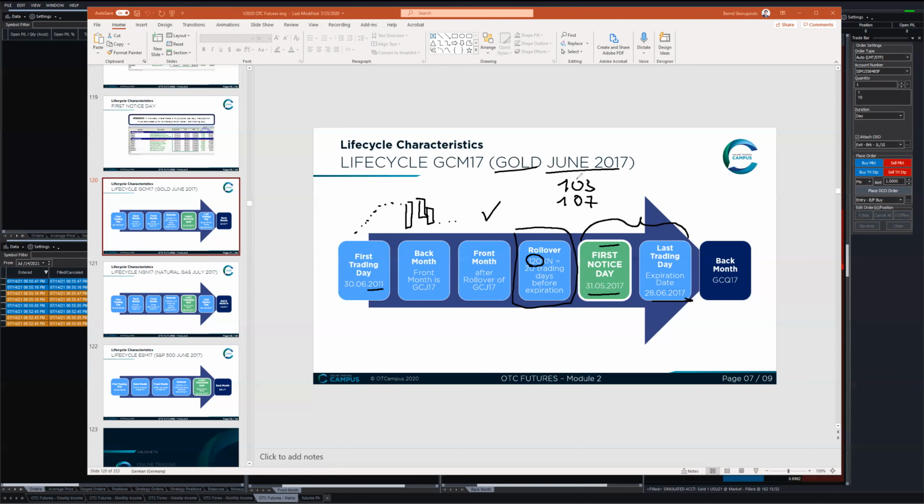There's only an expiration day, so you have to roll over. The rollover process only takes 3 days or 7 days. But when you have a high number here, 20, 14, 17, then there must be a settlement process in between. That's why we have to roll over a lot of days before the expiration.